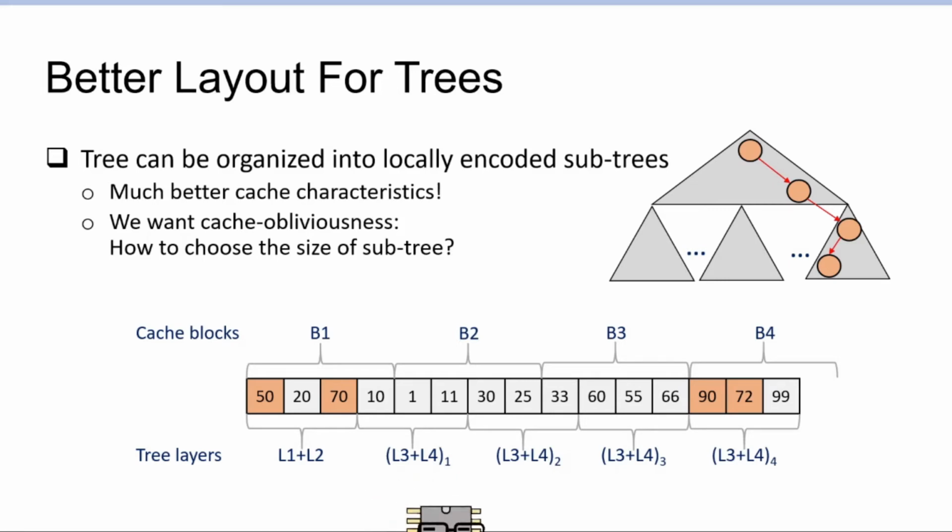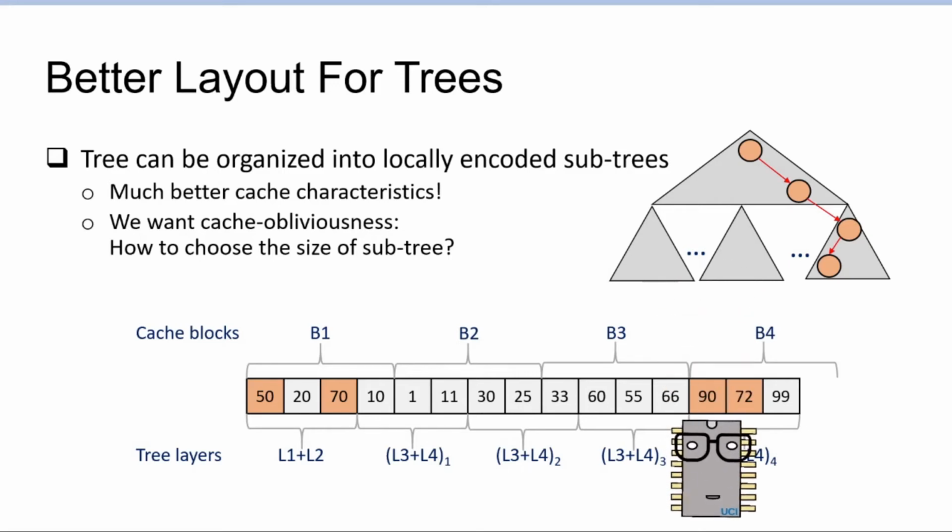If we follow this layout approach, then starting from the root node, trying to search the value of 72 again, the first access, of course, is a compulsory cache miss. But the next node that we visit is going to be cached already. After we reuse this B1 cache line, we go to node 90, which requires us to load a new cache line for the new subtree.